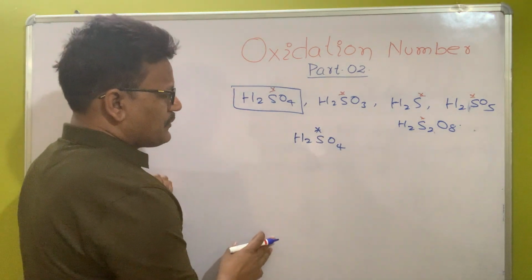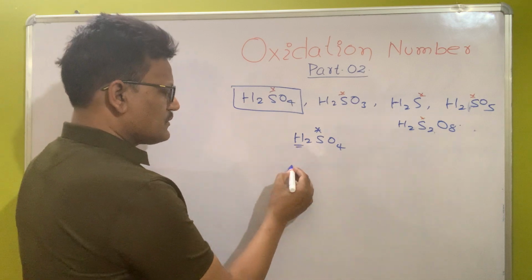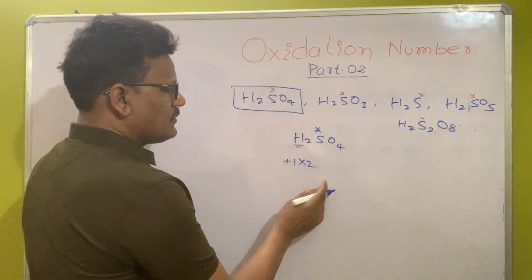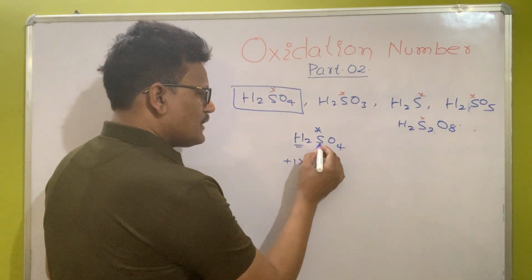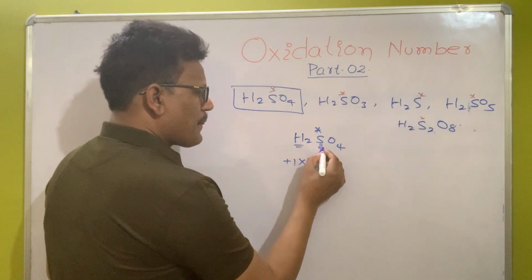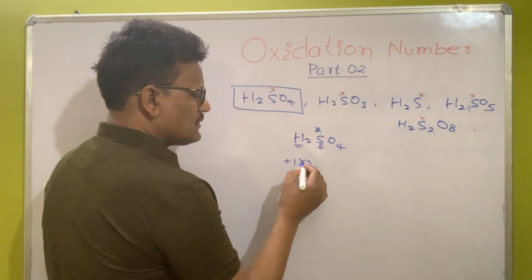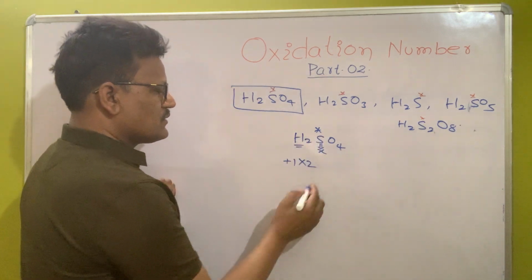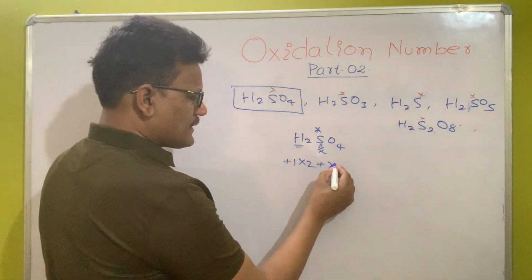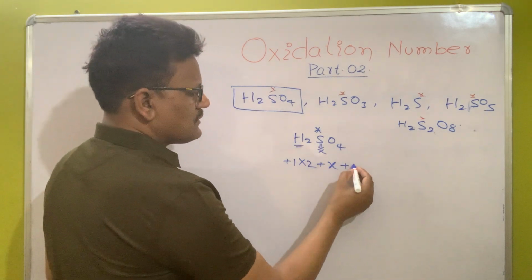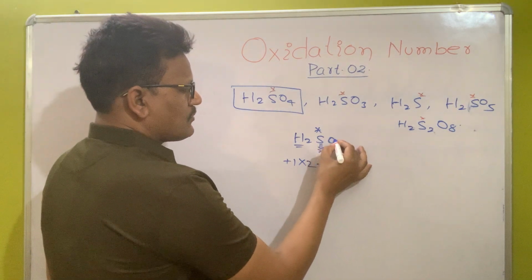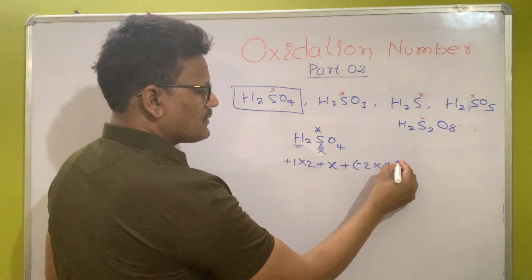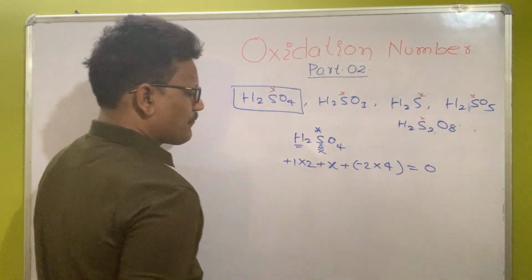The oxidation number of hydrogen is +1 multiplied by 2, and suppose the oxidation number of sulfur is x, plus the oxidation number of oxygen, -2 multiplied by 4, equals 0.